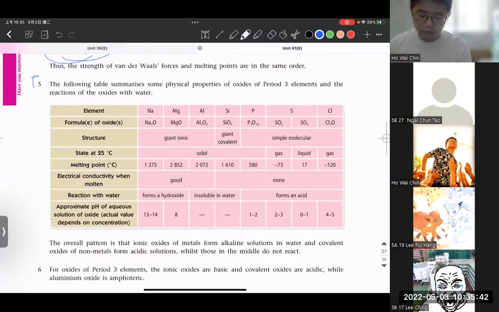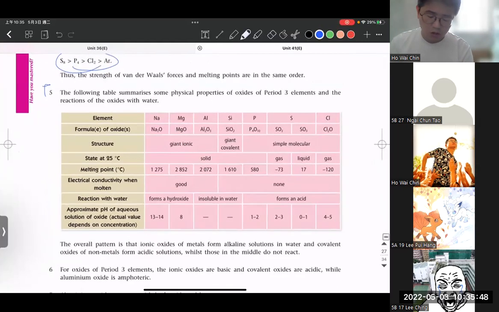So that it will give you a different structure, the melting point, and whether or not it dissolves in water. So these two are very special cases. Even though one is amphoteric, one is acidic, both are not soluble in water, but they will react with the acid-base counterparts.